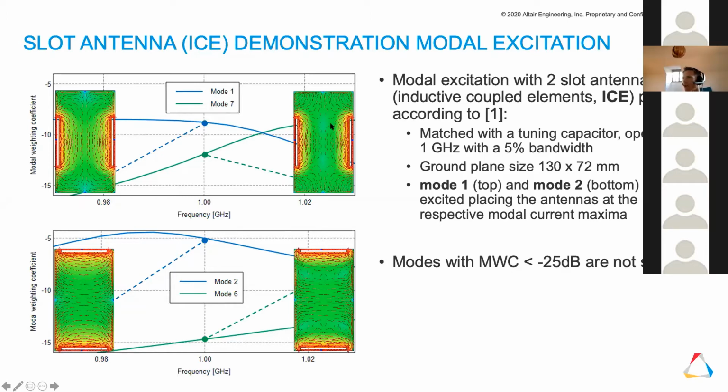If we look at the modal current distribution, you'll notice that the unintentional mode in both cases does have the same attributes as the mode that we are trying to excite. Also do note that the radiating element here, or the antenna, is very narrow band. It's matched with a tuning capacitor, and that gives us about a 5% bandwidth in this case.